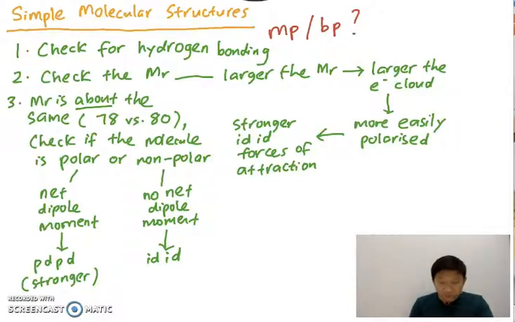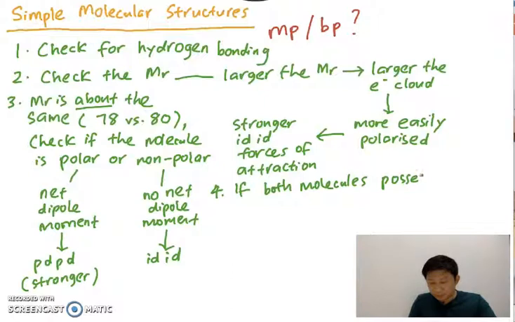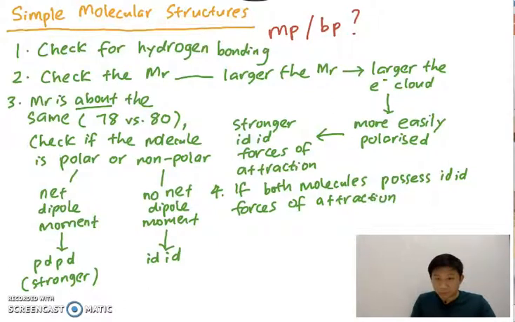Okay, and then the final variation, I put it here as number 4. If both molecules possess ID forces of attraction, which means the MR is about the same, both having ID forces of attraction, we decide on the shape.